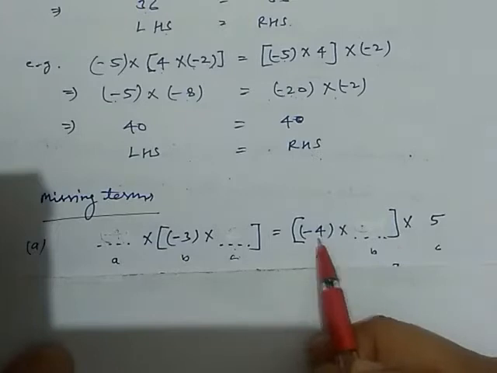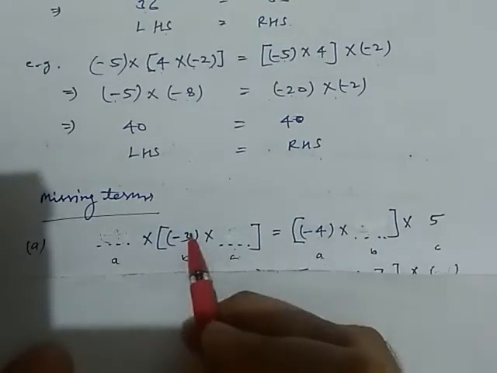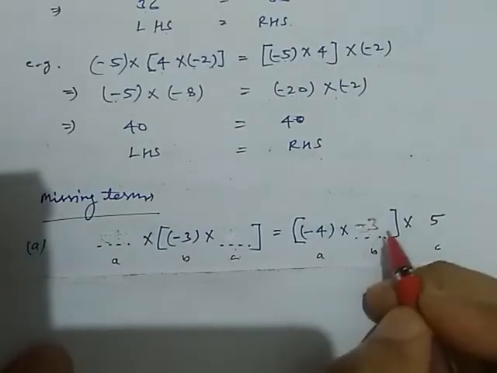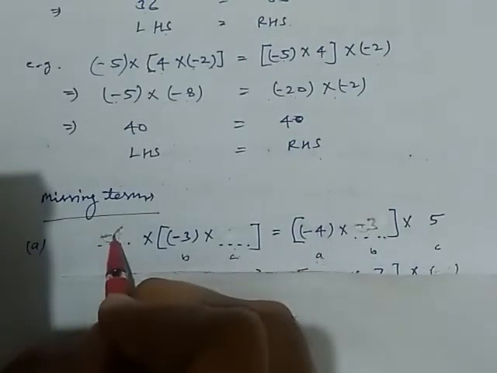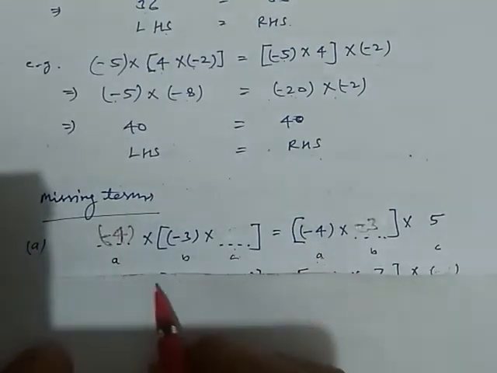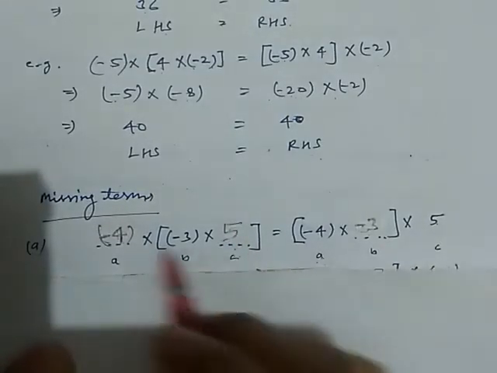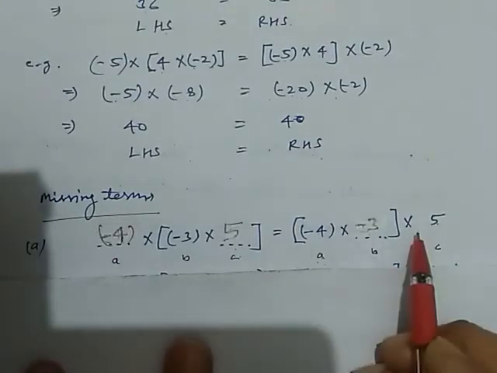Here we know A and C but B is absent. Here the B is minus 3, so put minus 3 here, and A is minus 4, so put minus 4 here, and 5 is the C, so we put 5 here. In this way we can put in missing terms.